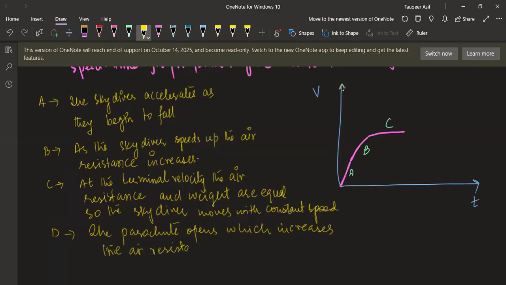So it will slow down the skydiver. So this time, the magnitude of the speed is going to decrease, and the graph would go down here. And it will continue to move and keep going, decreasing its speed.